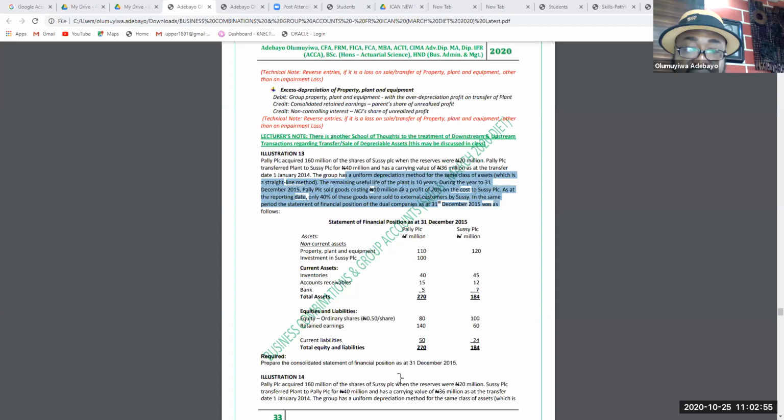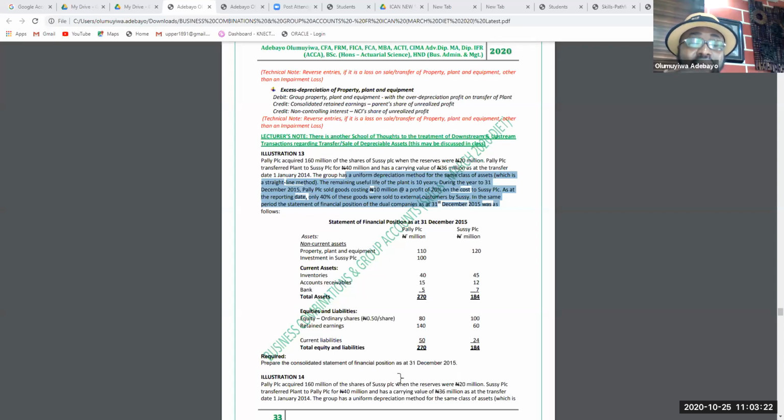I think the transfer of the plant was at the beginning, so I think it is a consideration as at the acquisition date. What are you saying? I'm a bit confused. The transfer of plant and the sale of inventory are two different topics.